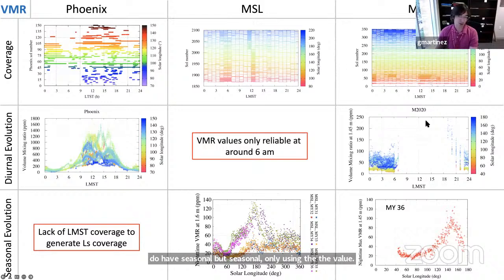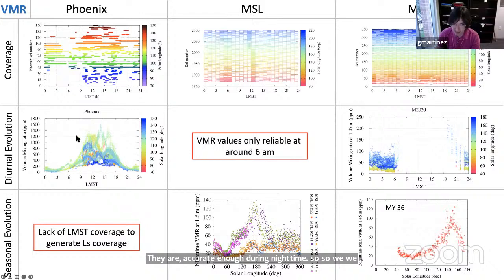Now for Mars 2020, here on the right, we are in a better position. The VMR values still cannot be obtained during daytime with enough certainty, which is why you have this blank space, but they are accurate enough during nighttime. So we are in a much better position than with MSL.